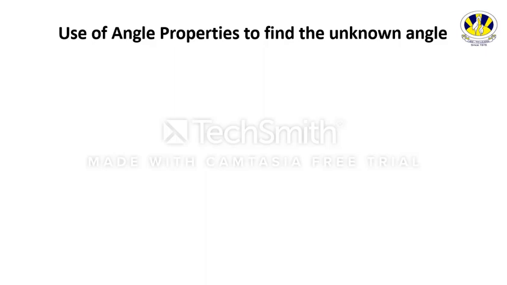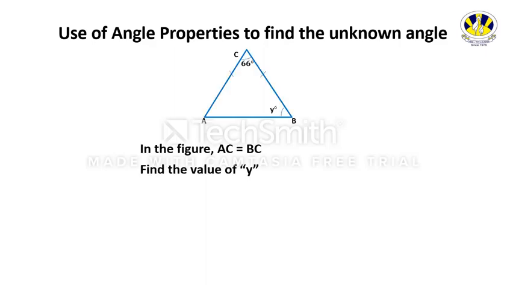I hope you all remember that in our video lesson number 1, we calculated the unknown angles using the sum of angles in a triangle, which equals 180 degrees. So in the given triangle ABC, there is an unknown angle y degrees which we have to find.